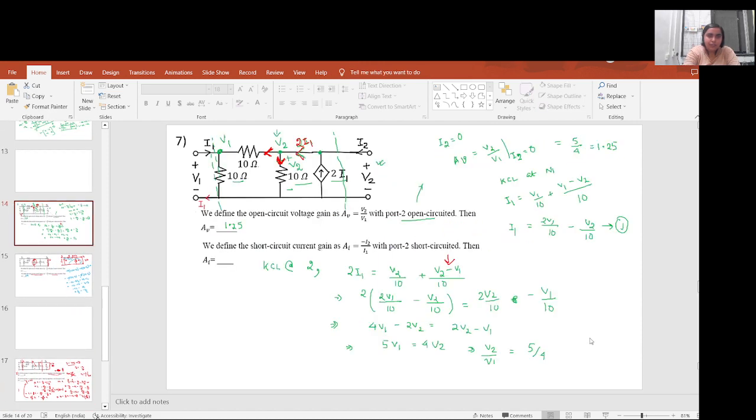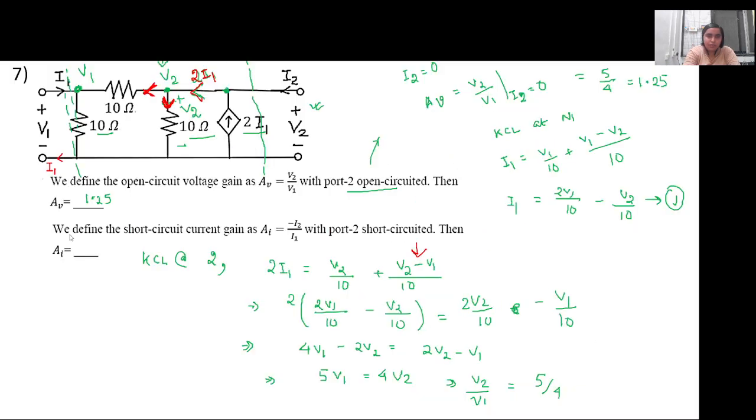So initially we started out with a two-port network where the open circuit voltage gain and the short circuit current gain are given. These are the parameters of the two-port network. AV is actually one of the hybrid parameters, but for this question it is written as a voltage gain, which is V2 by V1.